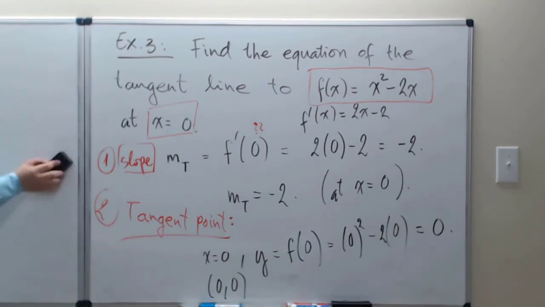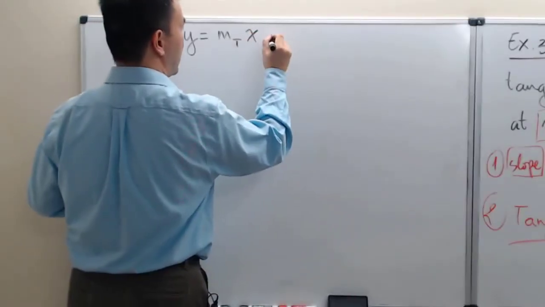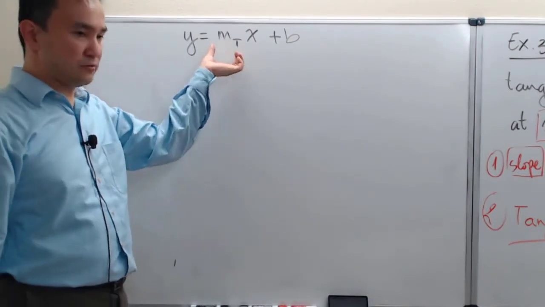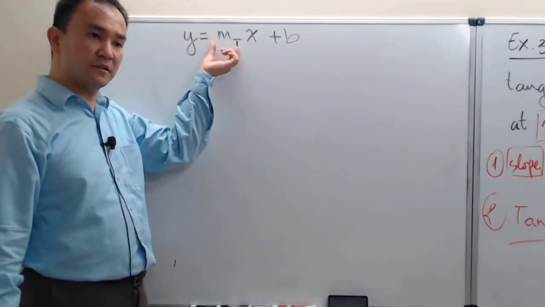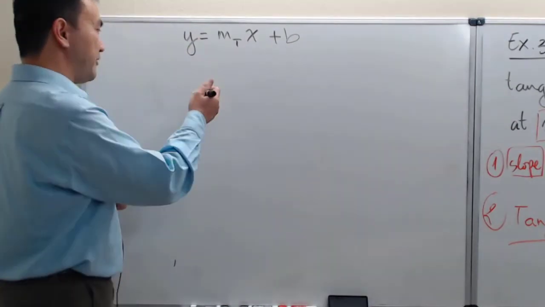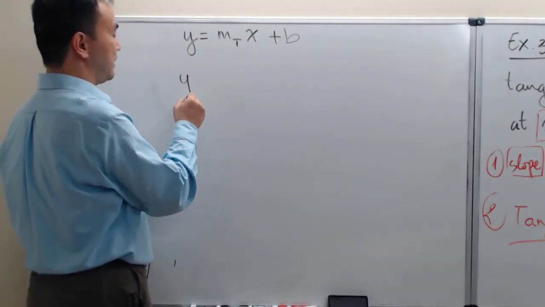All right, so now we are ready for completing our equation of the tangent line. Any line is famously mx plus b, and in our case mtx plus b, because I'm talking about the slope of the tangent line. We already found the slope, so we halfway completed that.